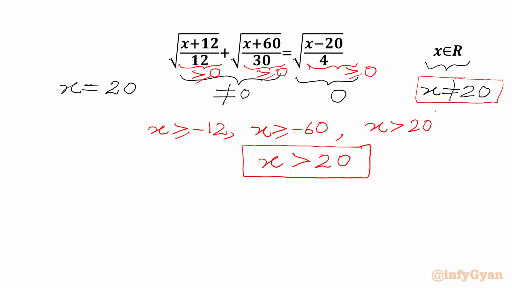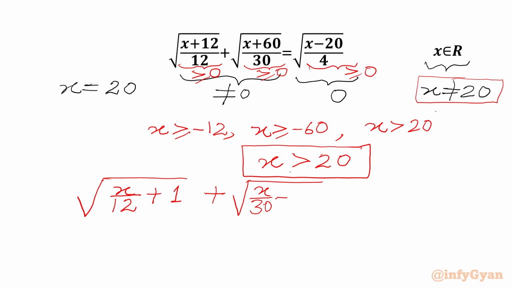Now we will split the numerator with respect to the denominator. So we can write x over 12 plus 12 over 12, which is 1, plus the square root of x over 30 plus 60 over 30, equal to the square root of x over 4 minus 20 over 4, it is 5.